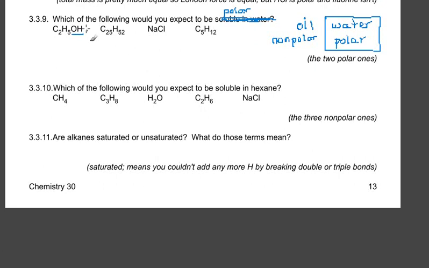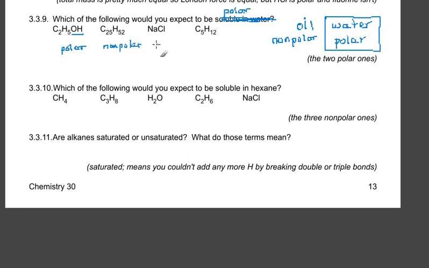C2H5OH, there's only 1 oxygen, it's on the far right end, so this should be polar. C25H52 is an alkane. It's very symmetric. It's a long chain of CH3, CH2, CH2, CH2, CH2 for a long time, and then CH3 on the end. Very symmetric, therefore nonpolar.